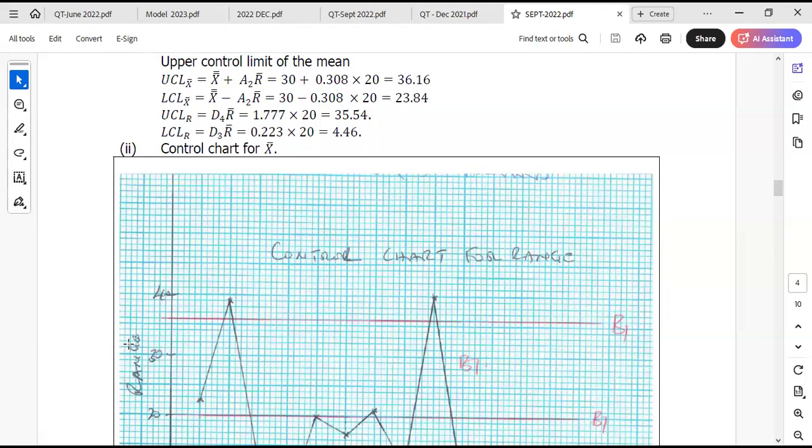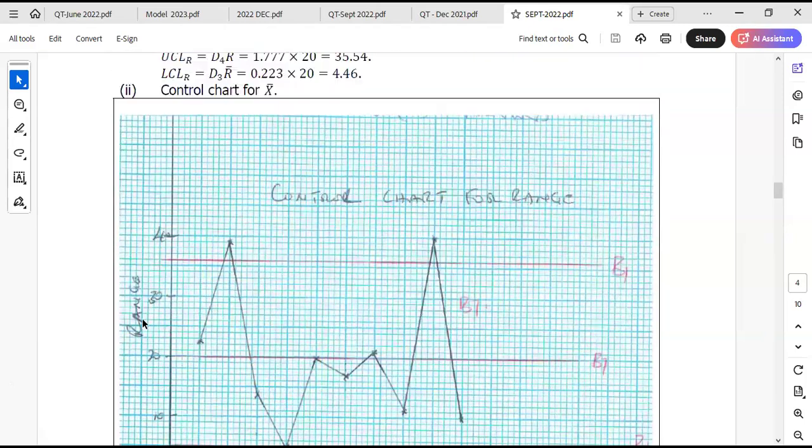Just to know, you come here and see where you have the upper limit, 35.5. Then you always put a line. You can even put a dotted line, that is also okay. And indicate that that is the upper control limit for range.